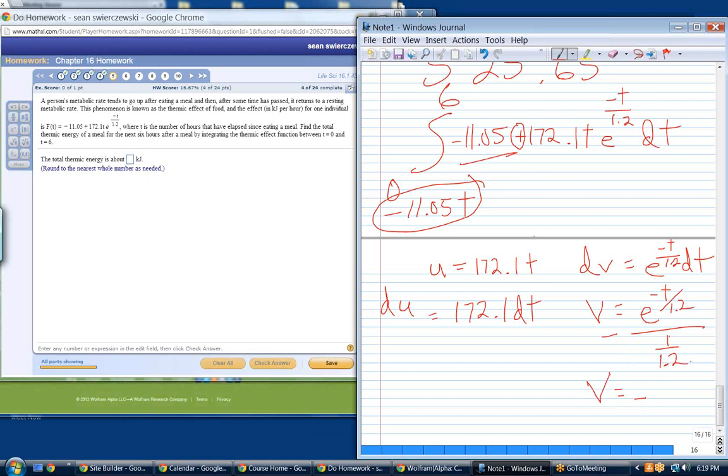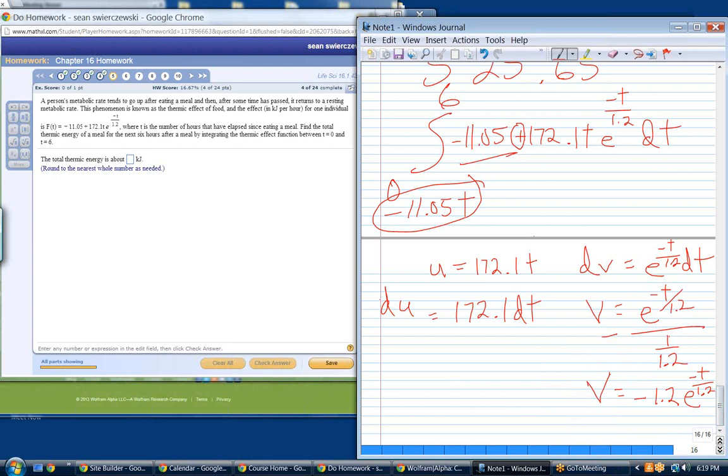I'm going to flip this and multiply by 1.2 times e to the minus t over 1.2. Notice that even though it's a decimal, you can still flip it and multiply. 1.2 is 6/5, so the flip would be 5/6, and multiplying by 6/5 again gives 1.2.